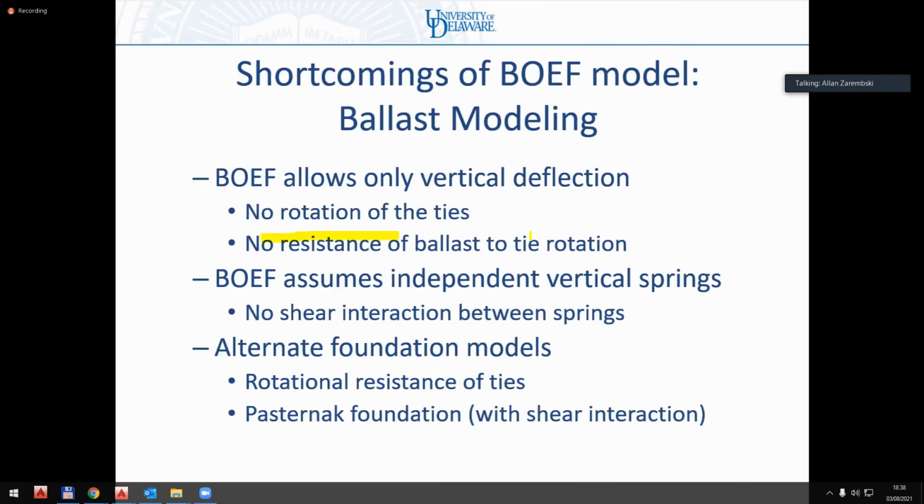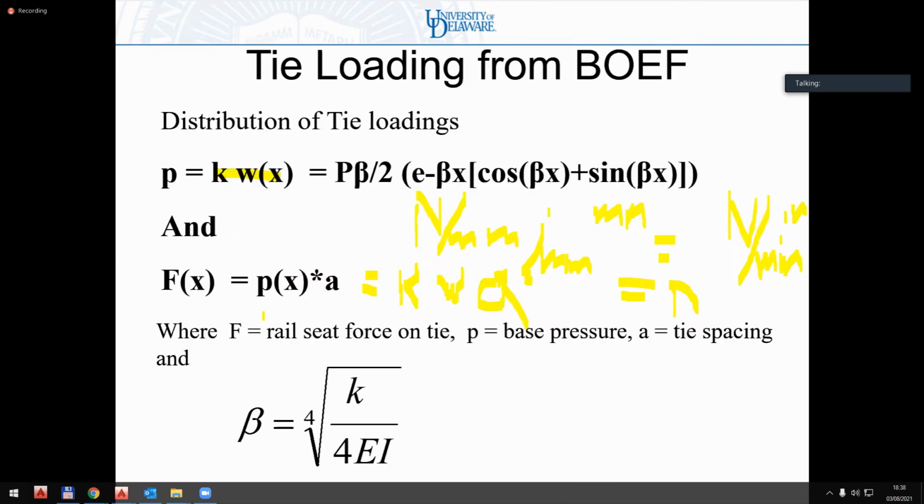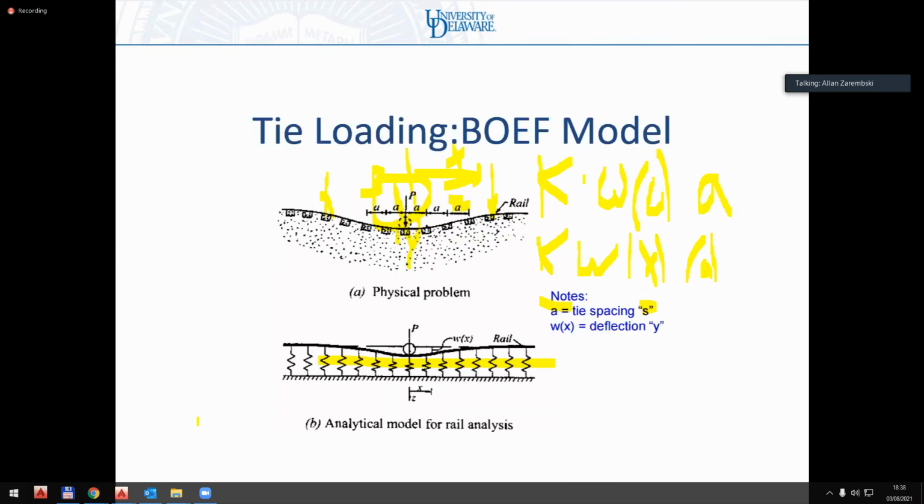There's no resistance to the tie rotation. That's a small error. It also assumes the springs are linear springs with no shear interaction between them. And of course, ballast does allow shear interaction, so in reality there is a shear interaction effect.